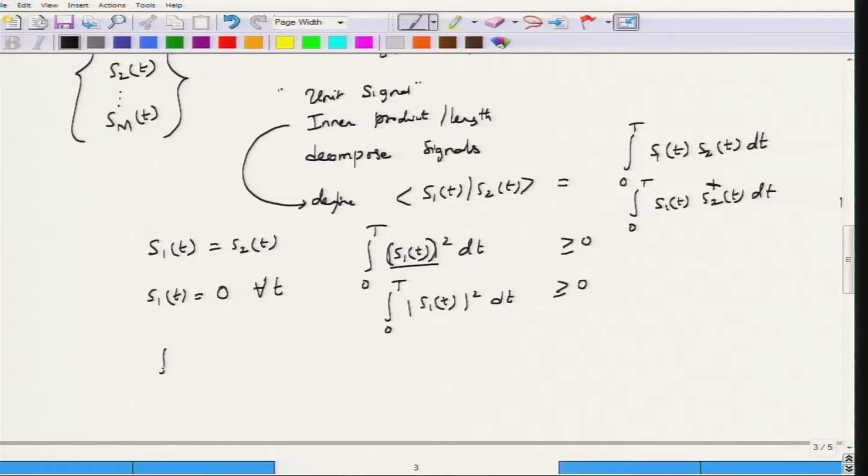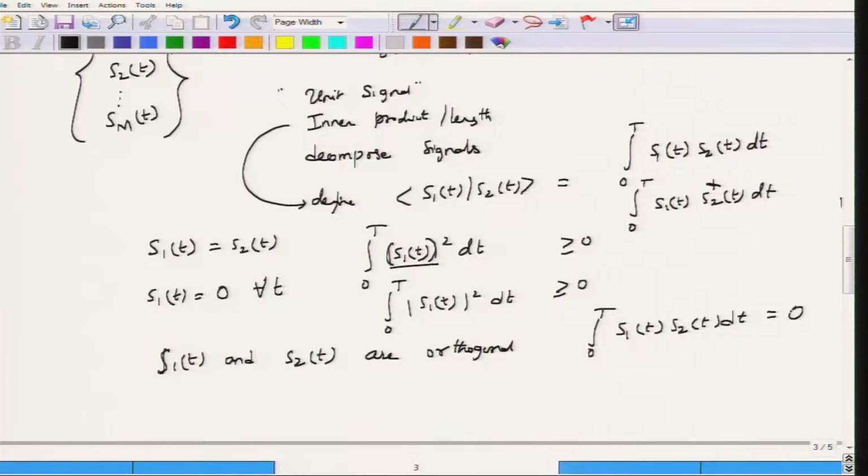We also define that two waveforms s1(t) and s2(t) are orthogonal to each other when their inner product, which is this particular integral, vanishes. So, when this integral results in 0, we call them orthogonal to each other.